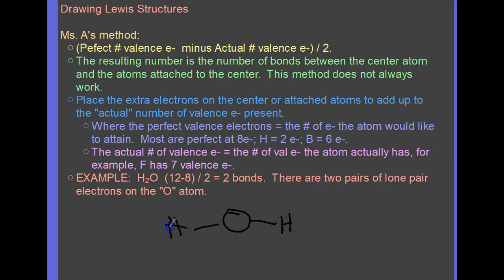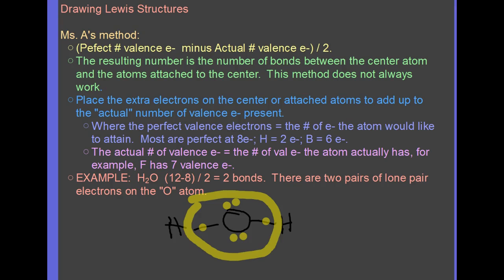So each of these hydrogens is satisfied, so to speak. That hydrogen is sharing 2 electrons, and that hydrogen is sharing 2 electrons. But the oxygen is not quite finished yet. The oxygen has 2 there and 2 there, which is 4, but then it needs 6 and it needs 8.